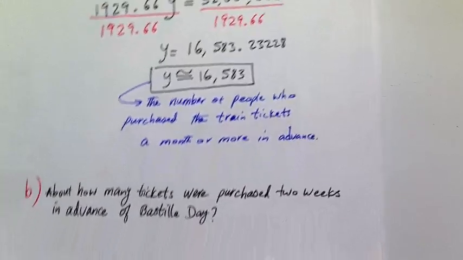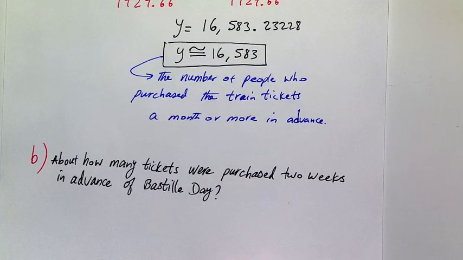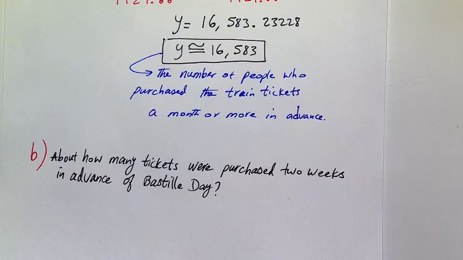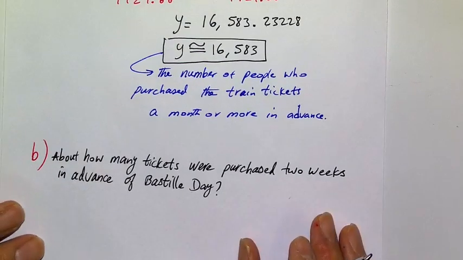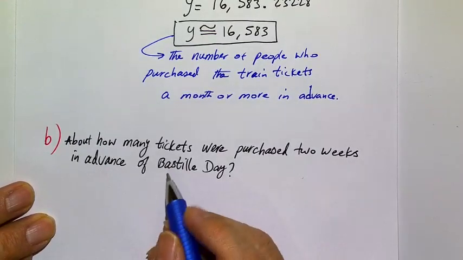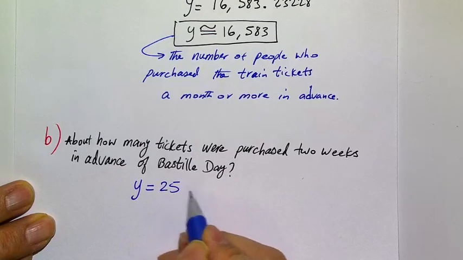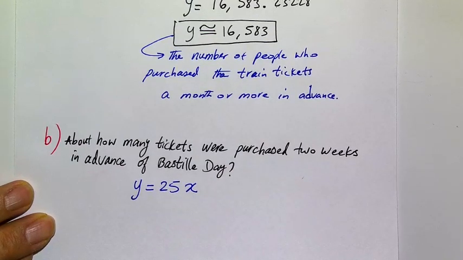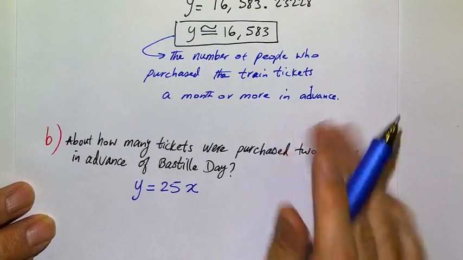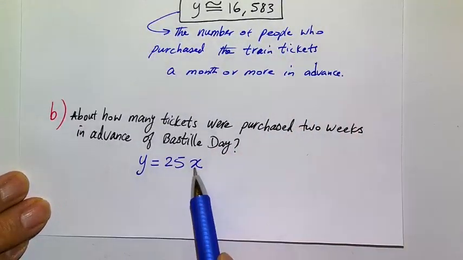All right. So then part B of the same problem says about how many tickets were purchased 2 weeks in advance of Bastille Day. Well, we've already have the equations we need for this problem, right? They can ask us anything, we'll be able to answer it. So for this case, we said that we had that little equation, y equals 25x, right? This time, we've already solved for y, and they're asking us for x.